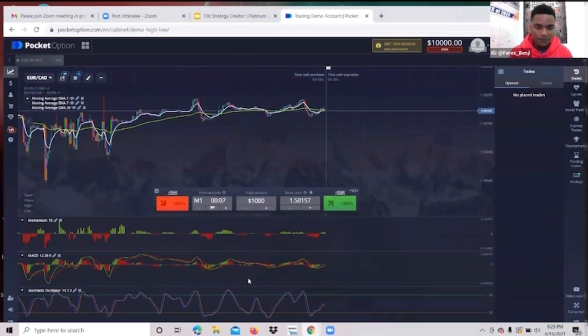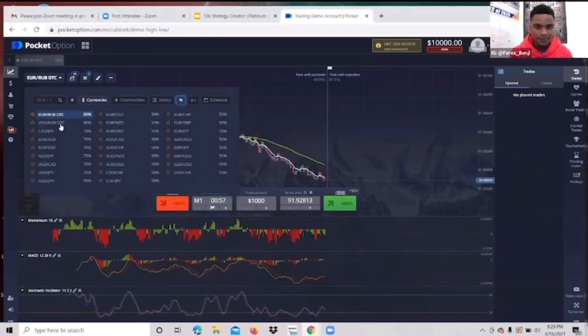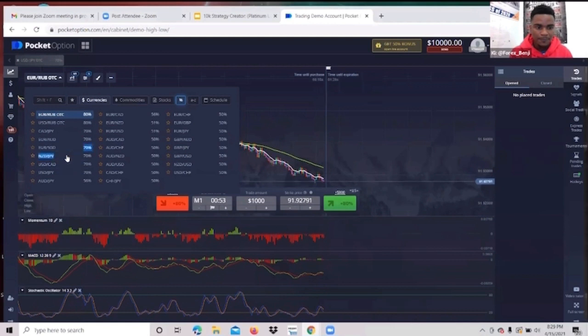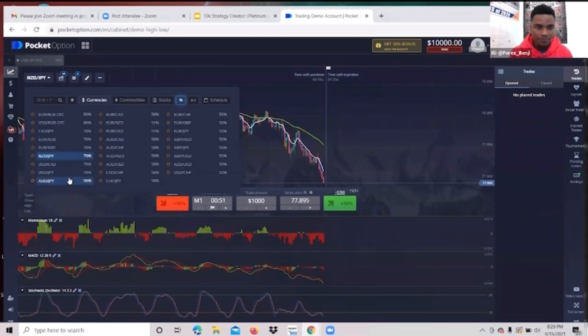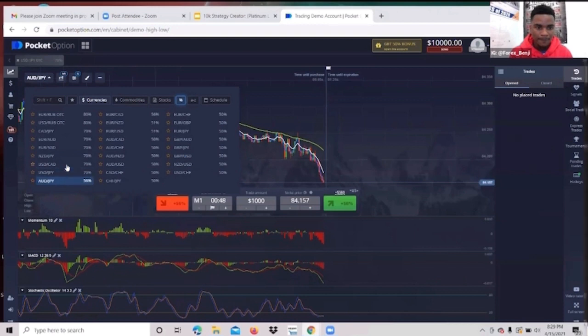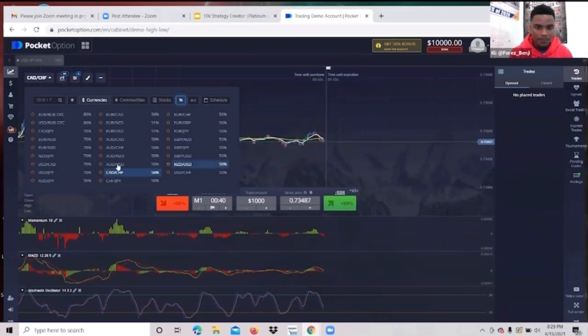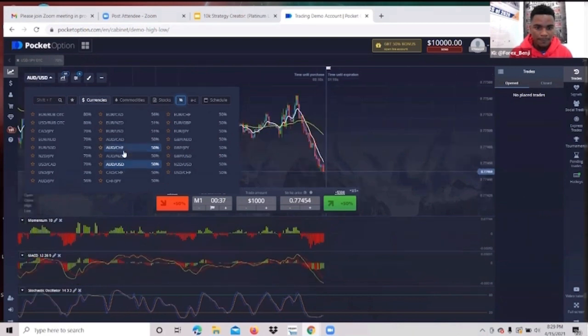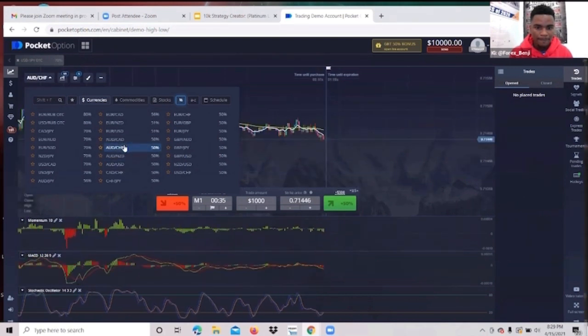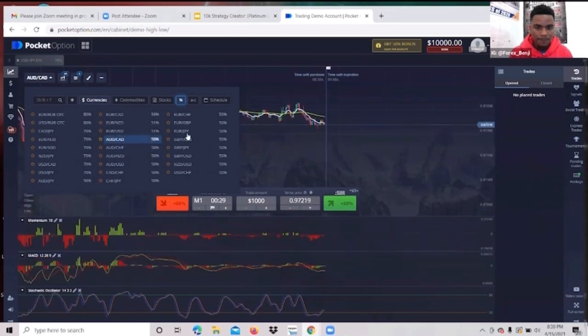So right now we have what would be Euro CAD. As you see, that's not playing out either. Boom.